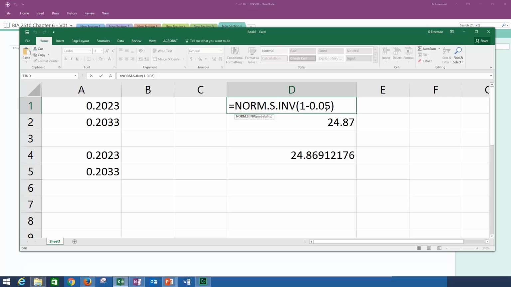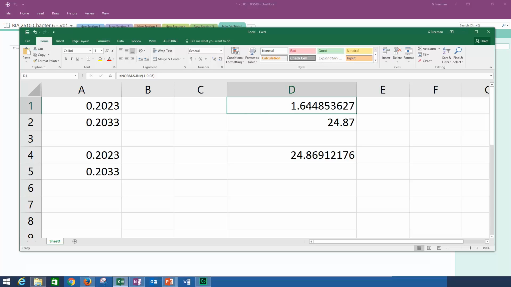I need the probability that's less than or equal to the point, and then this will return the Z value for me. But for 0.95, let me escape out of this, it's not 1.64, it's not 1.65, it's 1.644853627. And there are more decimal places. This is all that's shown with the general format.